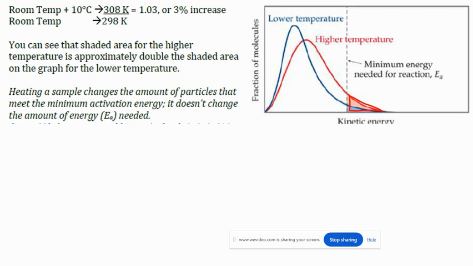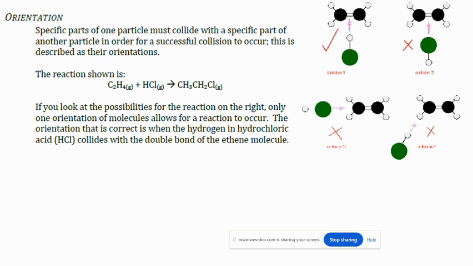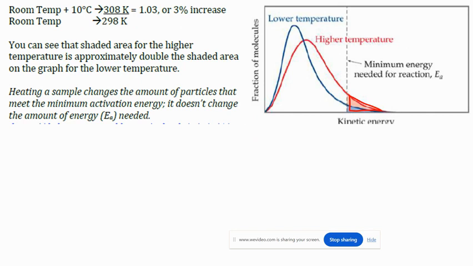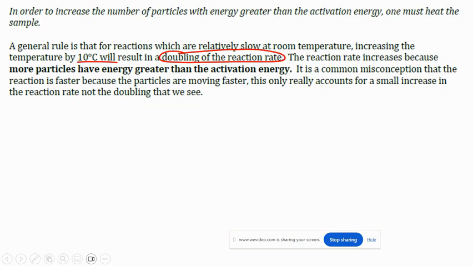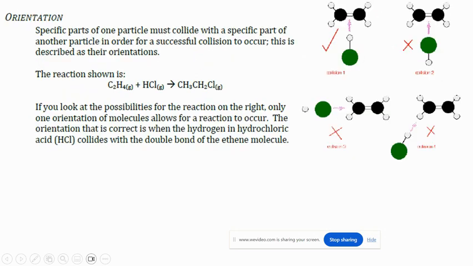And a lot of this is kind of intuitive. Again, orientation, so how things collide and hit, they have to be able to hit in the right spot. So for example, here, if we were to have this reaction, this is our C2H4, and it has to collide with the HCl.